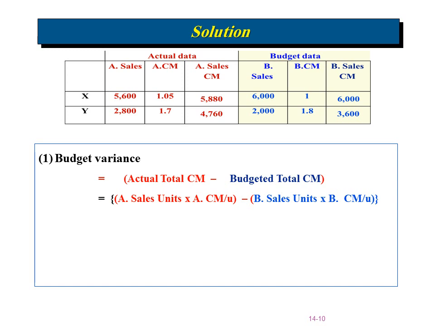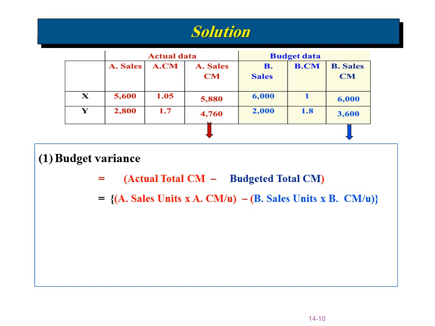Here I speak about contribution margin, don't forget. So actual total contribution margin minus budgeted total contribution margin from my table. Again, from my table. In my table, I have everything to calculate variances. So what is the budget variance for X, for example?